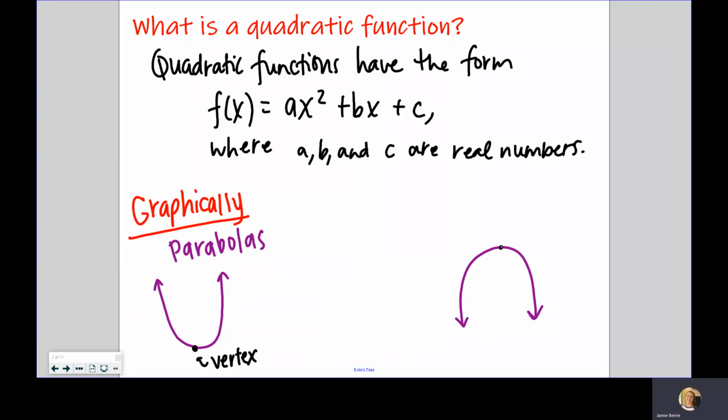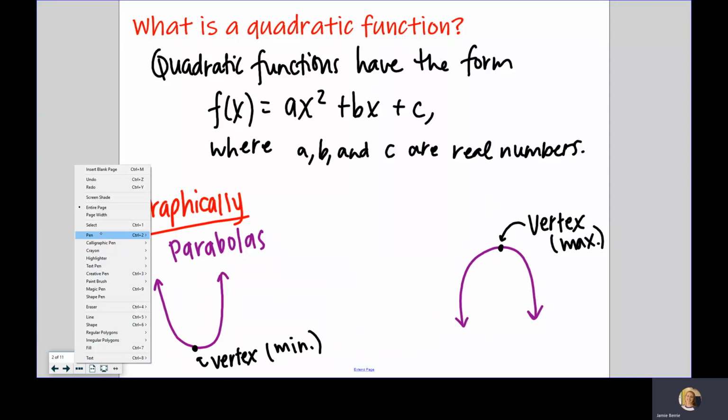The vertex is on the top of the graph here. So depending on whether your parabola is concave up or concave down, the vertex will either be the minimum point, as you can see here, or it could also be the maximum. The vertex is a very important point when you're working with quadratic functions, and it represents either the minimum or the maximum.